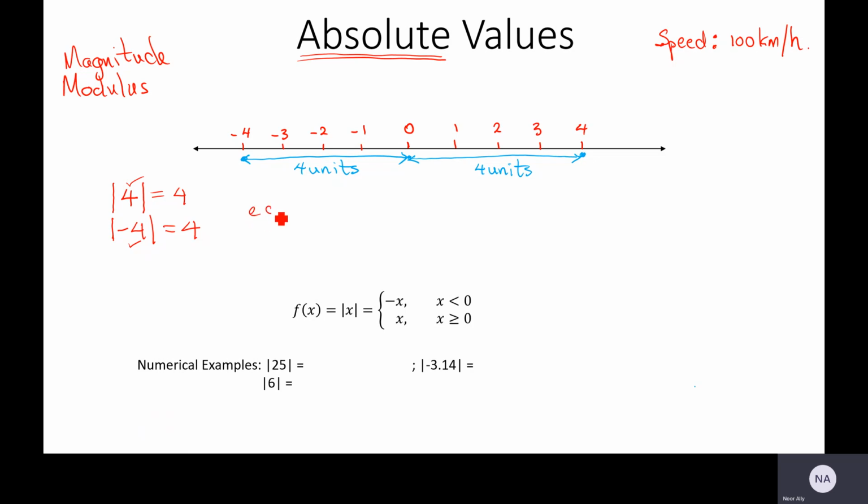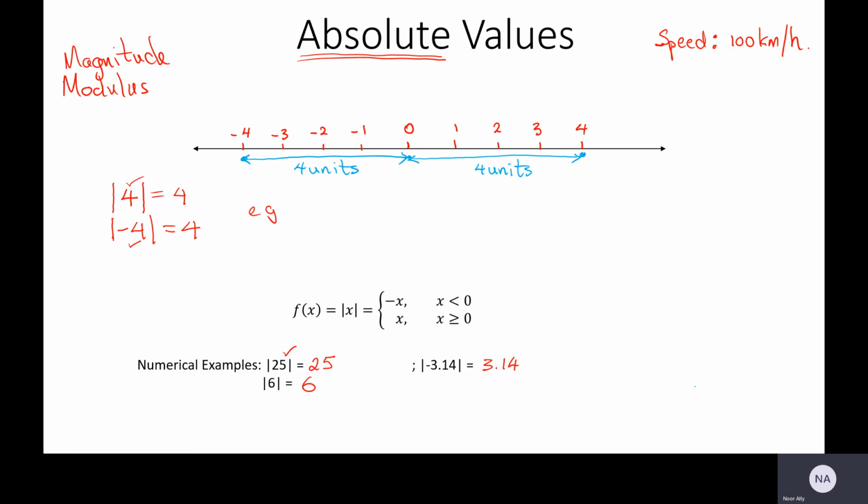So for example, I've got some numerical examples at the bottom here. What's the absolute value of 25? What is the distance from 25 to 0? It is 25. What is the absolute value of minus 3.14? It is 3.14. What's the absolute value of 6? It is 6.